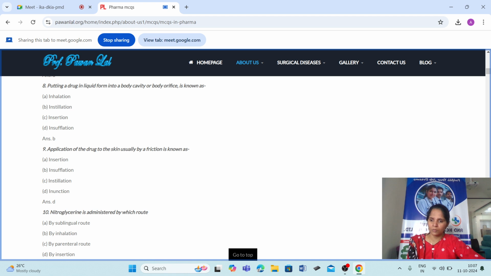What is sublingual route? Sublingual is putting under the tongue. Like under the tongue they will be putting the nitroglycerin. So it is going to escape the first pass metabolism also. Whenever you are giving by parenteral route or sublingual methods, it is going to escape the first pass metabolism.